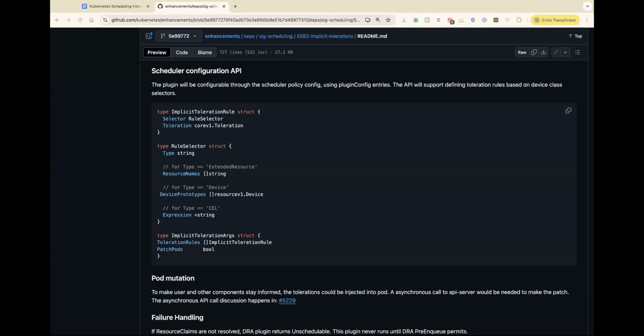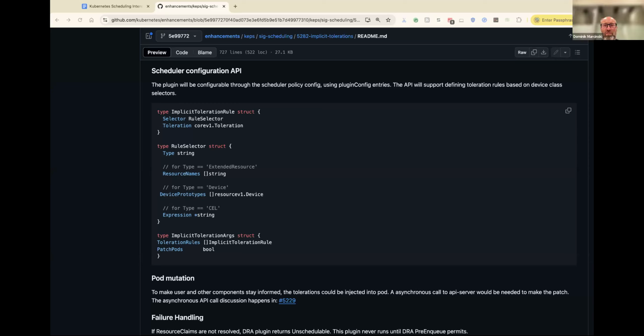But my only concern is that at the point when we're running the taint toleration plugin, we don't know which device is going to be allocated. So we don't know if the toleration is needed, because people might put a mix of resources, right? And we cannot see for sure if the scarce resource is needed at that point.